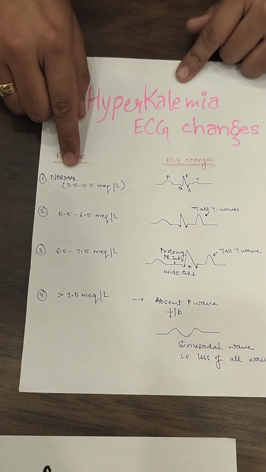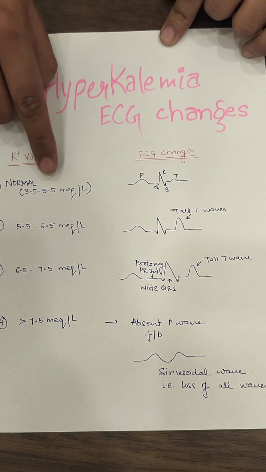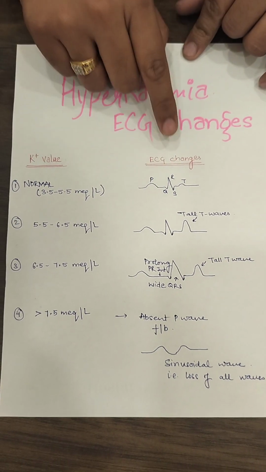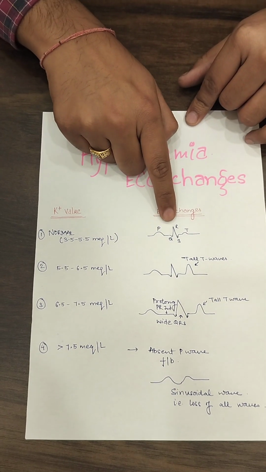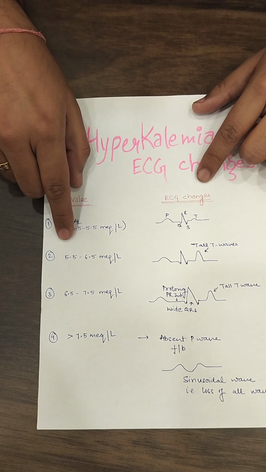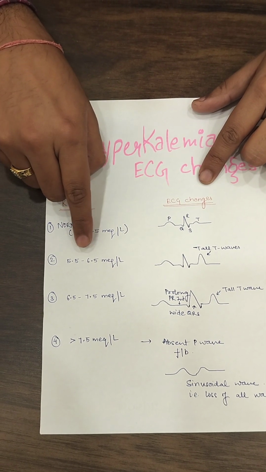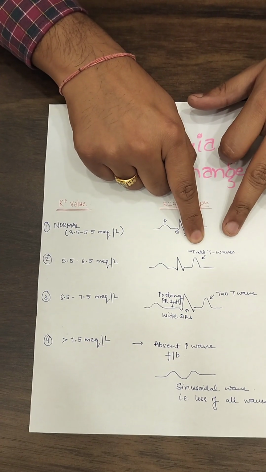First we see the normal ECG. Normal ECG with potassium, that is 3.5 to 5.5 milliequivalent serum potassium. ECG has PQRST waves. See these PQRST waves of the ECG. Now in case of mild hyperkalemia, 5.5 to 6.5 milliequivalent, there is a tall T wave.